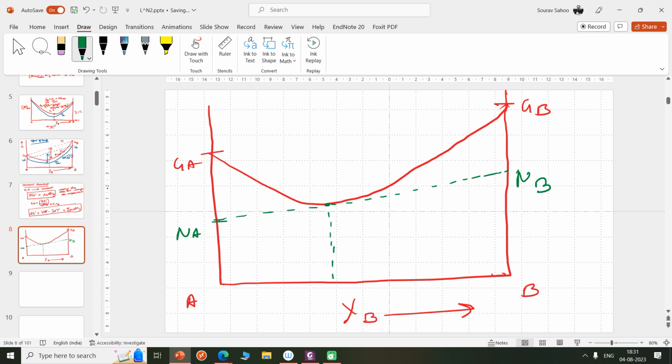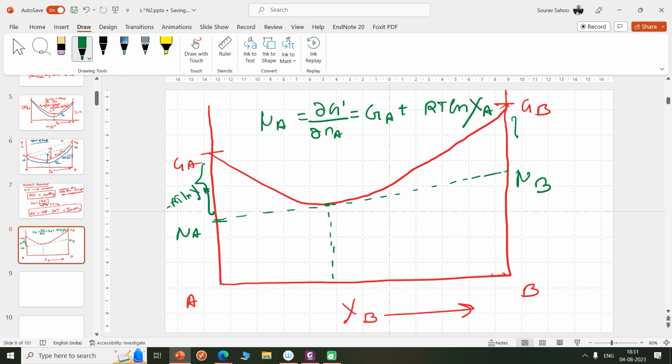By definition of the formula, mu A was nothing but the partial derivative of G with respect to NA, which is GA, that is the intrinsic free energy of A, plus RT log chi A. And the same thing can be written for B as well. So this distance is minus RT log chi A. And the same goes for here as well.